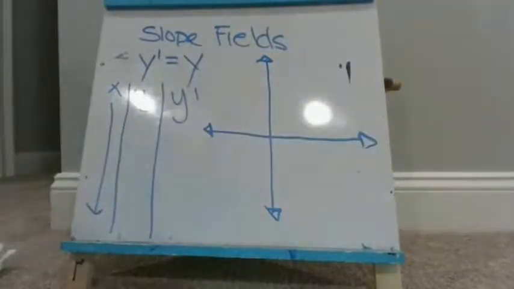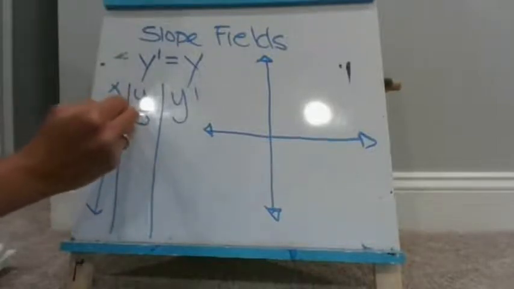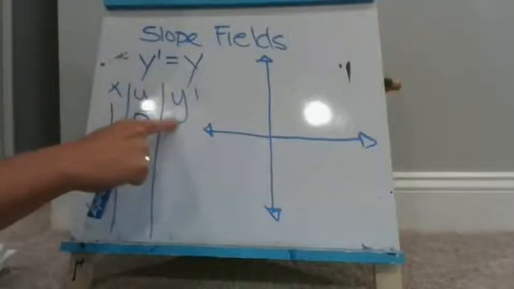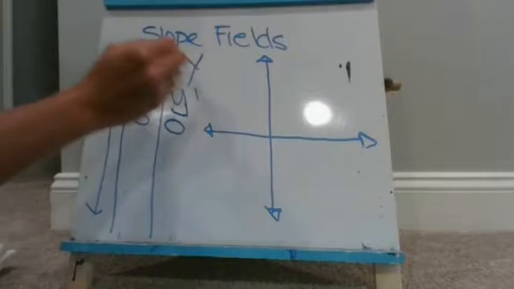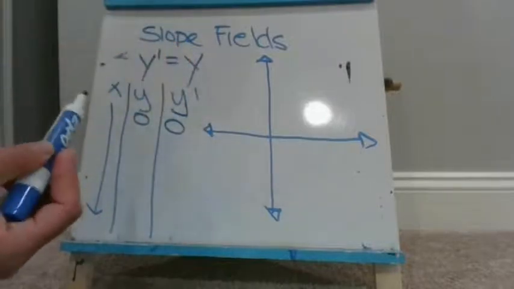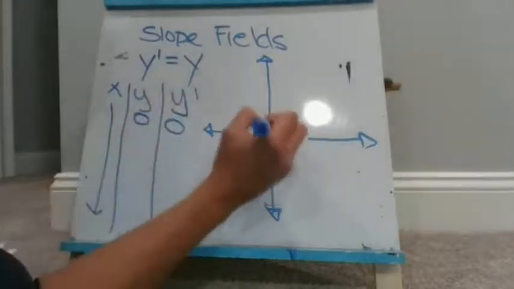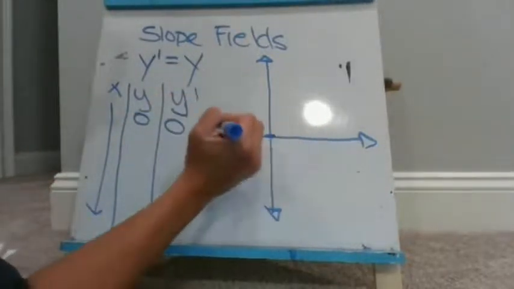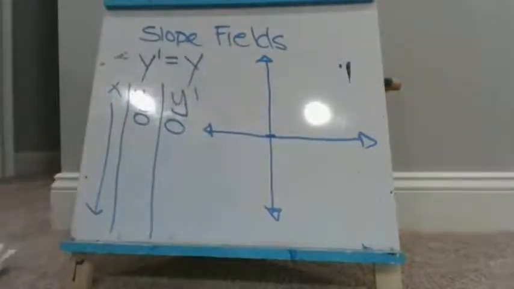Let me start with 0 for y. If y is 0, then the derivative is 0 as well, because when I put 0 in here, I get y prime equals 0. So when y equals 0, I don't know what my x value is, but my slope is going to be 0.